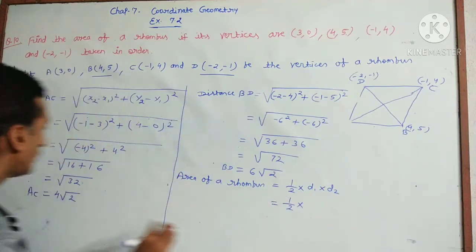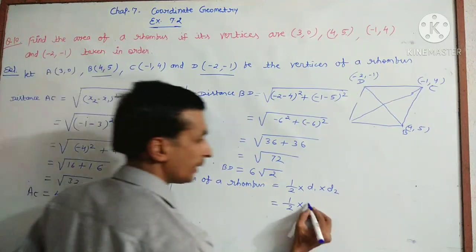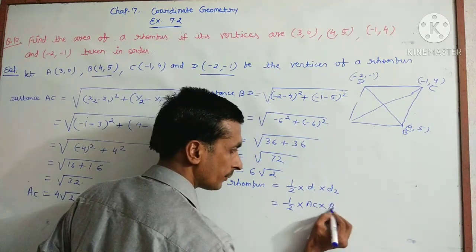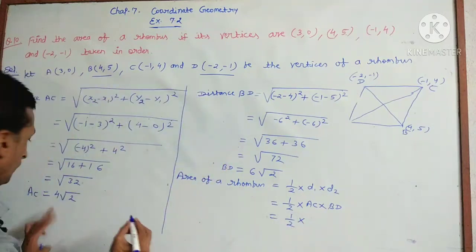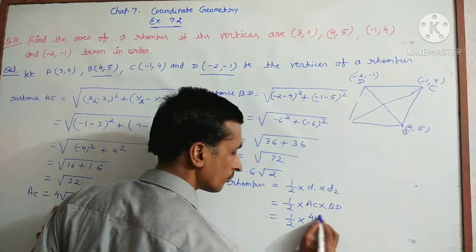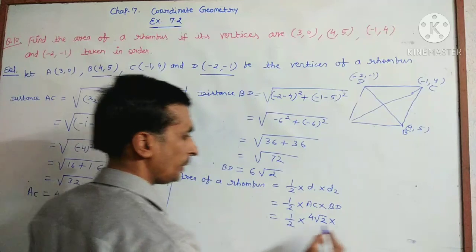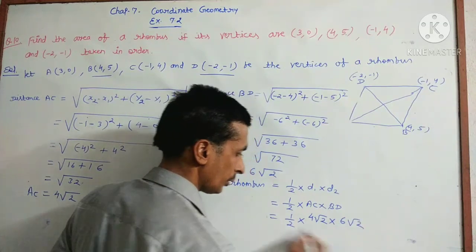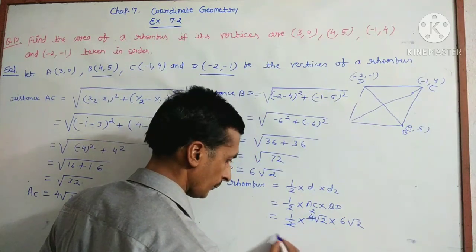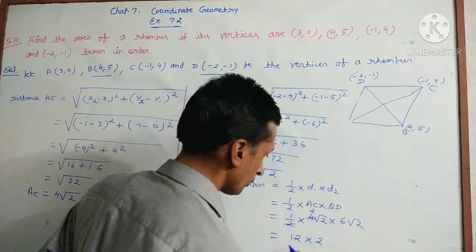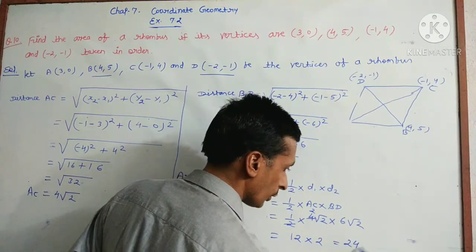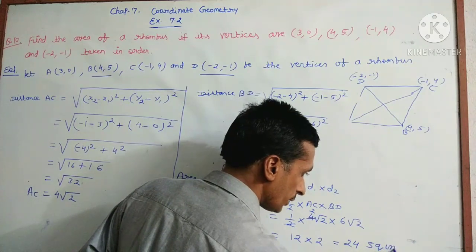So the first diagonal means AC into BD. 1 upon 2, value of AC 4 root 2 and value of BD 6 root 2. 2 fours are 4, and 2 sixes are 12, root 2 into root 2 is 2. How much? 24. 24 square units.